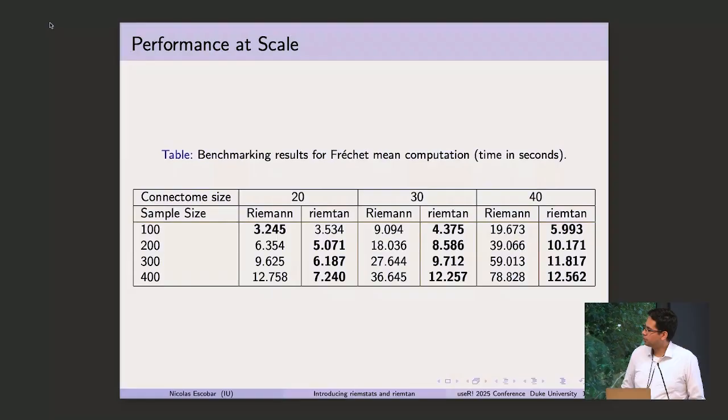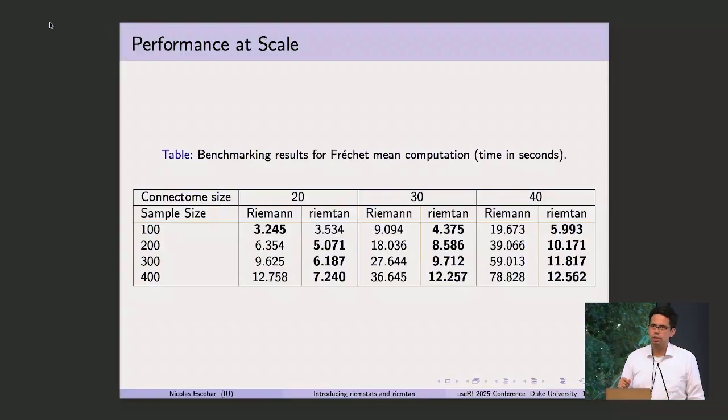Here is a benchmarking slide. So this is for computing the Fréchet means of a sample. If you're in a Riemannian manifold, or in particular, if you're in the set of SPD matrices, you cannot compute means just by averaging. Or you could, but you're not going to get the thing that you want. Because what you want from a mean is not that you can add things and divide by n.